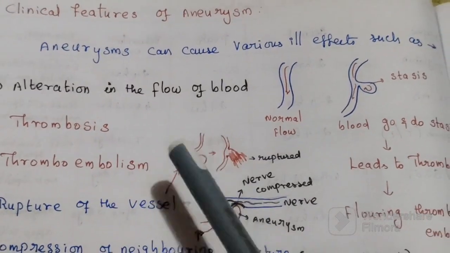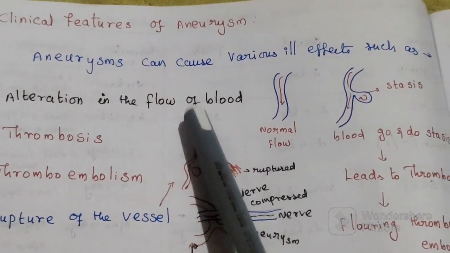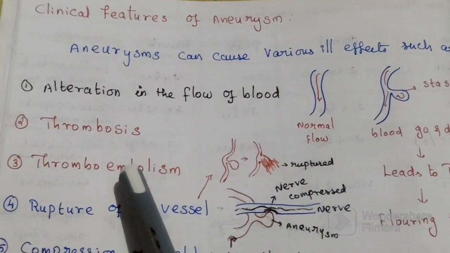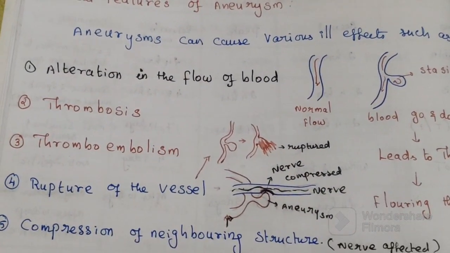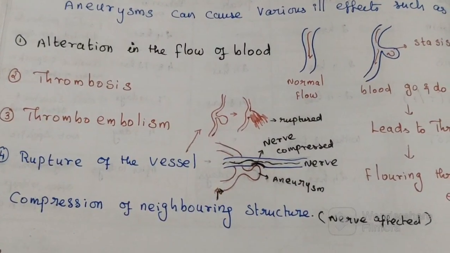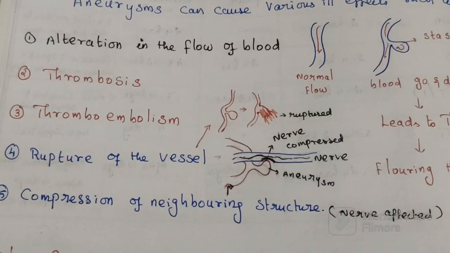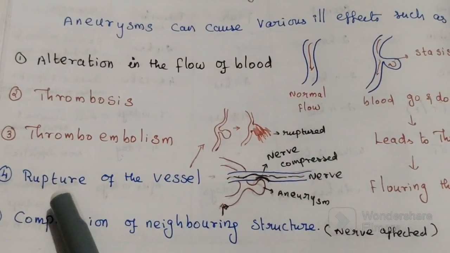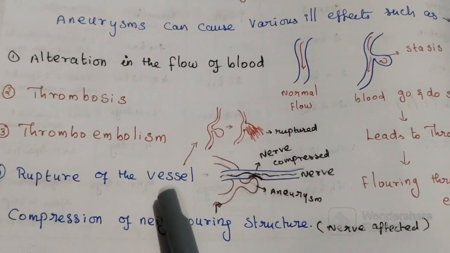So the first one is alteration in the flow of blood. Alteration happens, after this thrombosis. The third one is thromboembolism. Next, sometimes that aneurysm is ruptured and blood will come out. The fourth one is rupture of vessels.